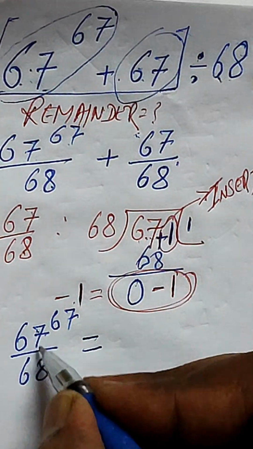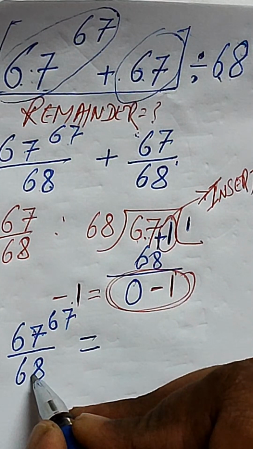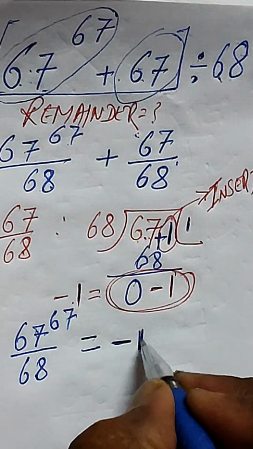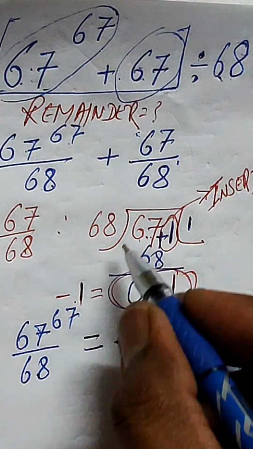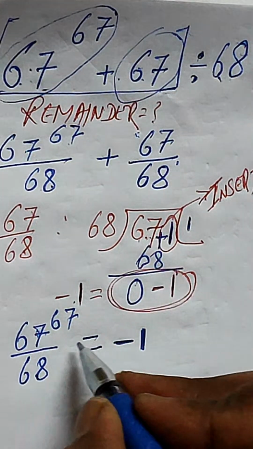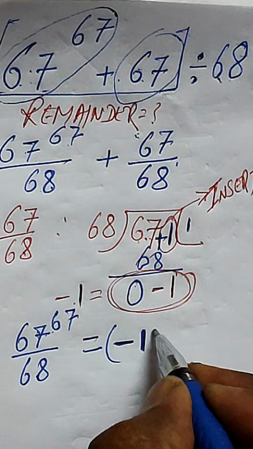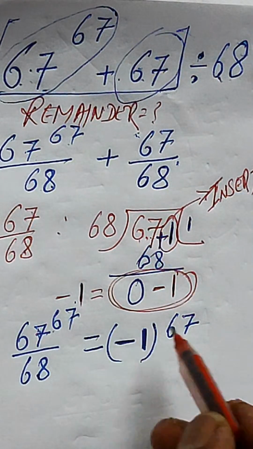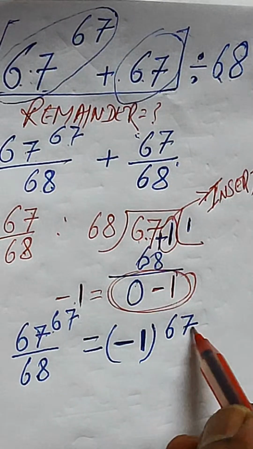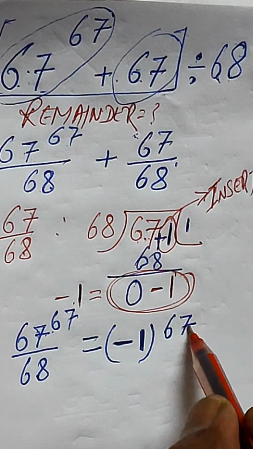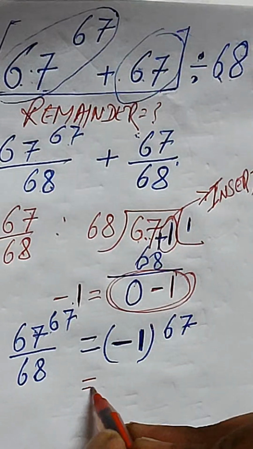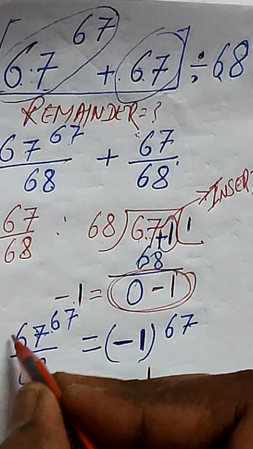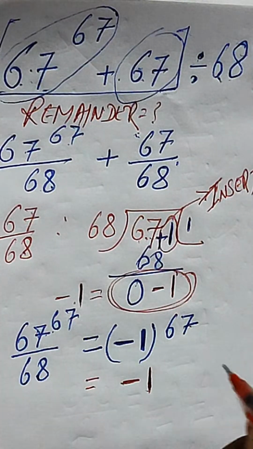So when one of these is divided, then minus 1 will be there, as I have shown you, and power of this 67 times. So since this is an odd multiple, we can write minus 1 effectively for this entire term.